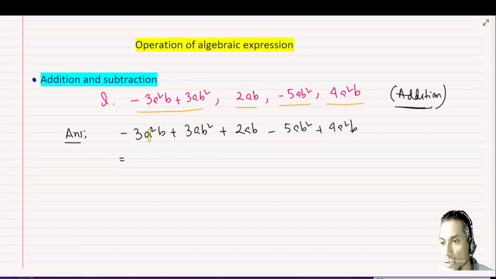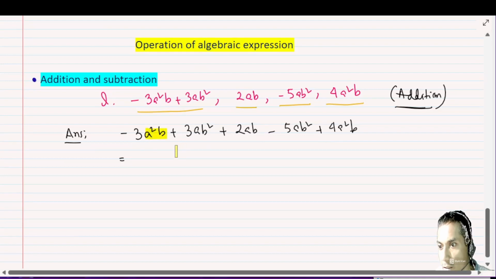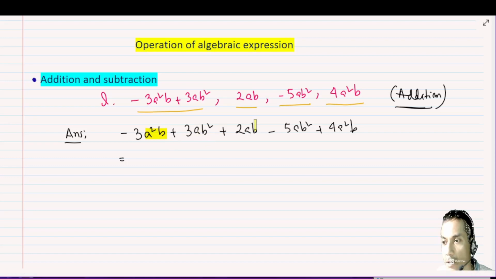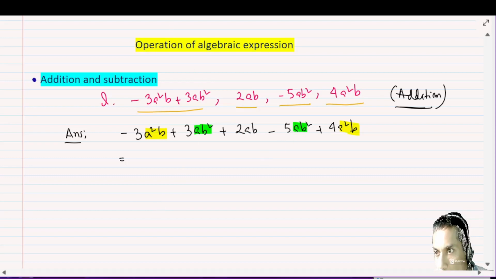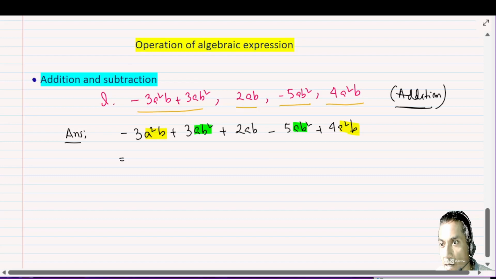So I just color the like terms with yellow: a square b, and another like term in a different color, a square b, and here it is a square b. Correct? And another like terms are ab square, and this is also. Clear? So we have to group the like terms together.